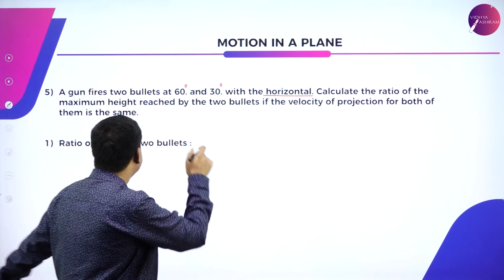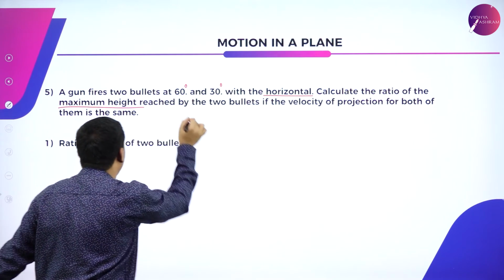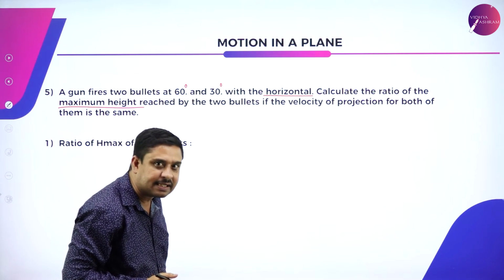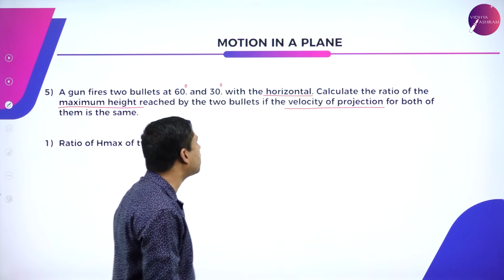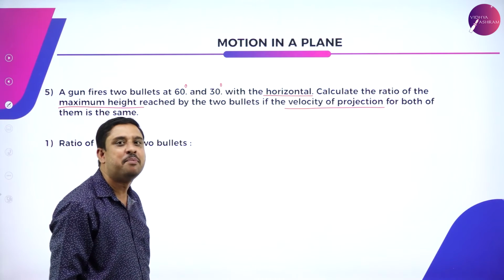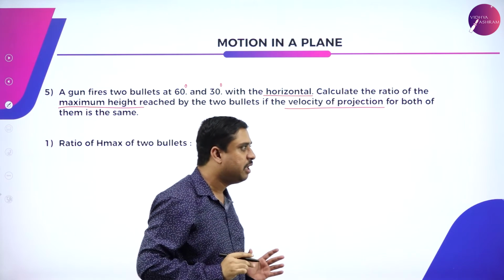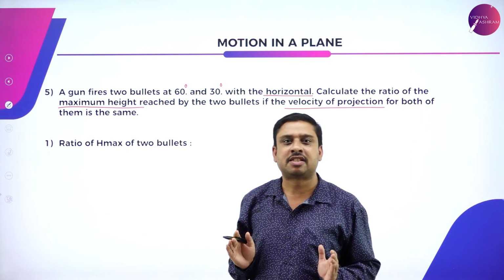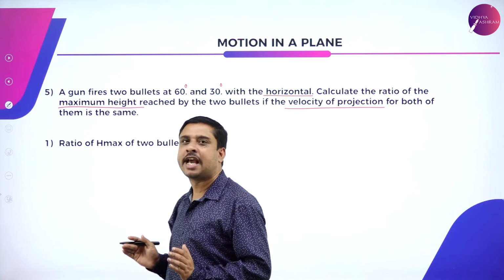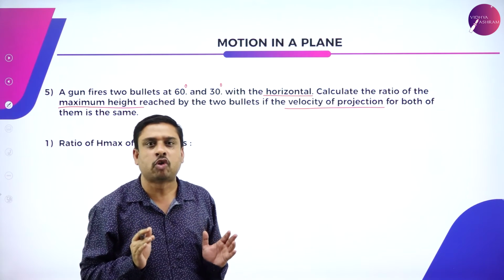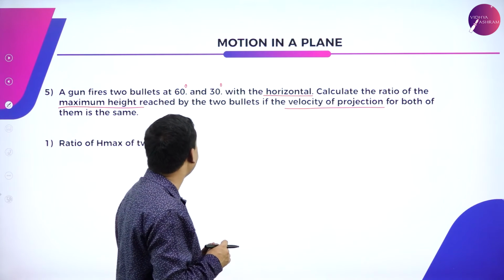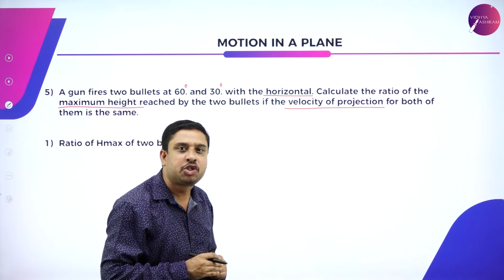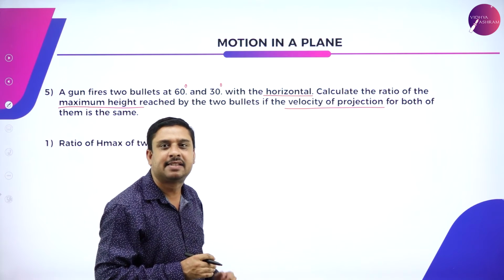Calculate the ratio of their maximum heights if the velocity for both of them is the same. If the velocity of projection for both of them is the same, I have to calculate the ratio of the maximum height.